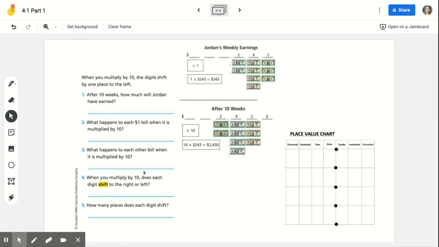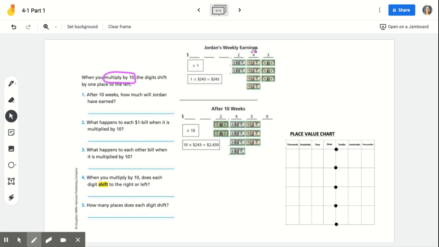So the next situation says, when you multiply by 10, the digits shift by 1 place to the left. All right, so now we're working with multiplying by 10. Why we're multiplying by 10 is now we're dealing with, after 10 weeks, how much will Jordan have earned? So here's a visual of what he earned after 1 week.